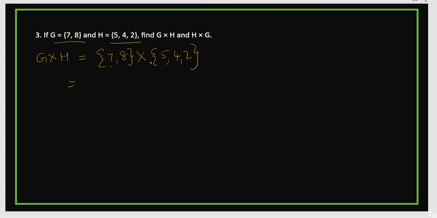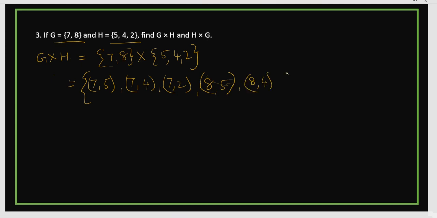7 will pair with all the three elements: each and every element. This is how you write the first element, (7, 5), then (7, 4), then (7, 2). Next is 8: (8, 5), (8, 4), (8, 2).